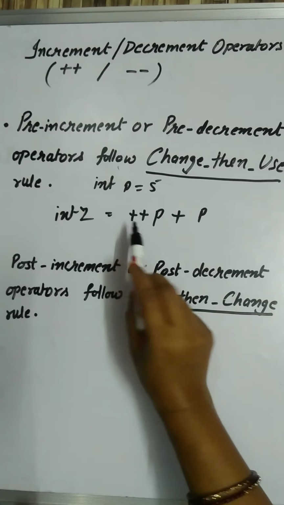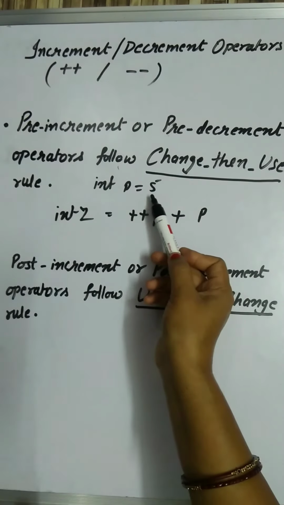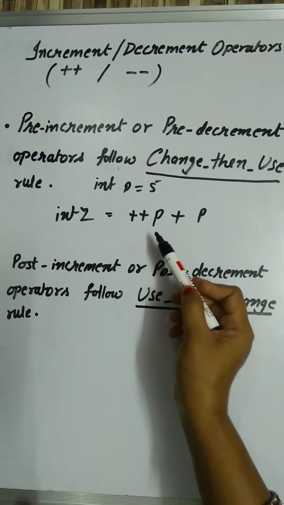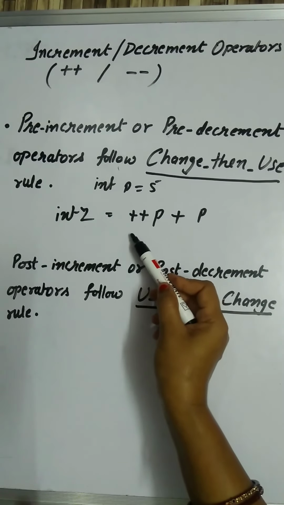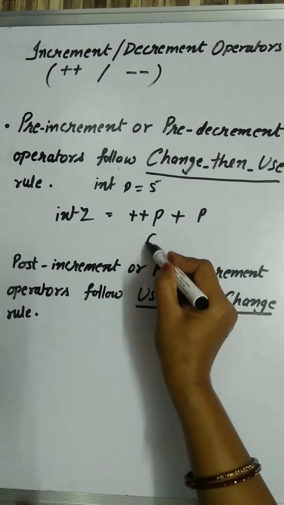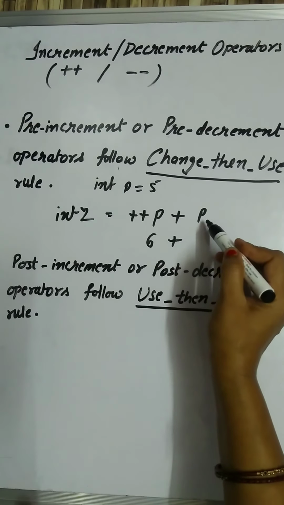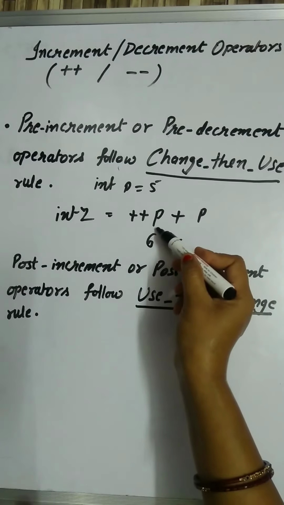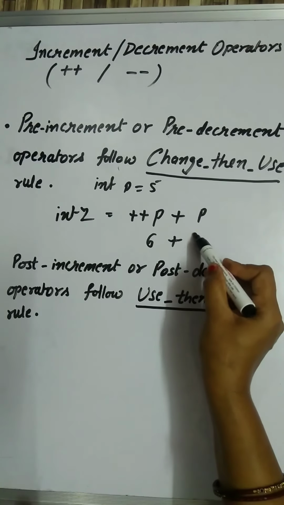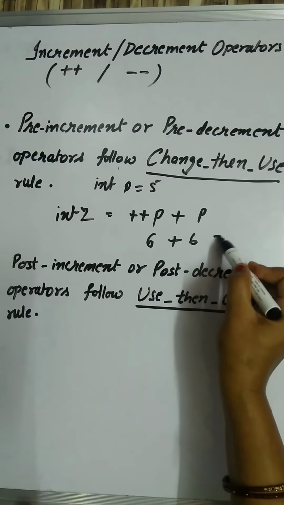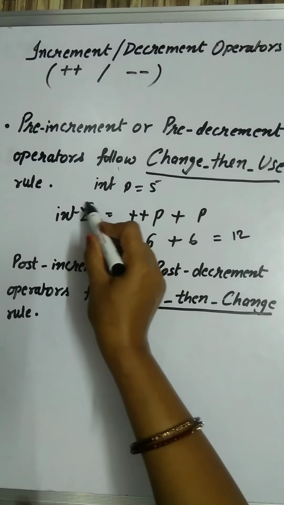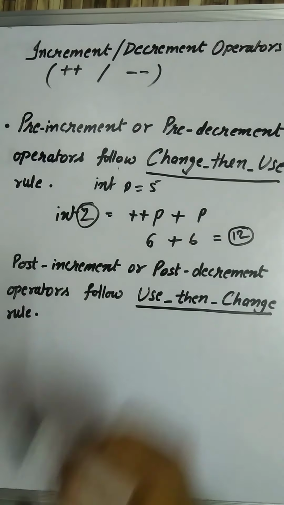Here the p value is 5 but after ++ the p value is 6, plus here is again p, which is now 6. 6 plus 6 is equal to 12. So the z value is equal to 12.